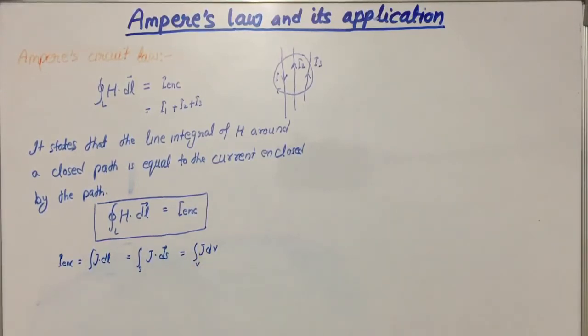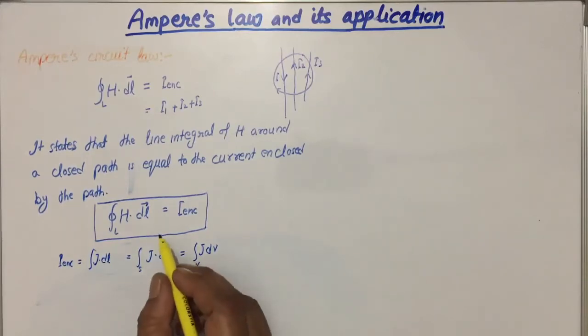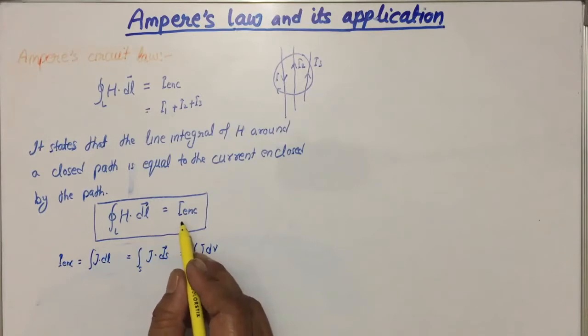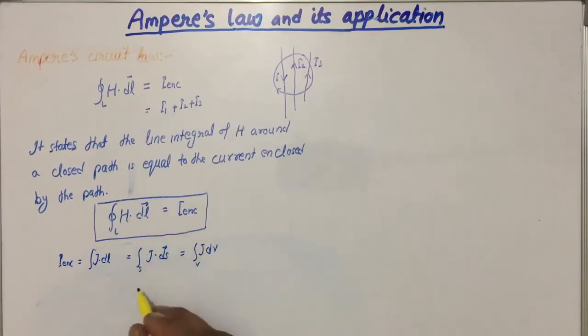We have discussed these equations already. If the surface current is there, we can write I enclosed equal to J dot dS.